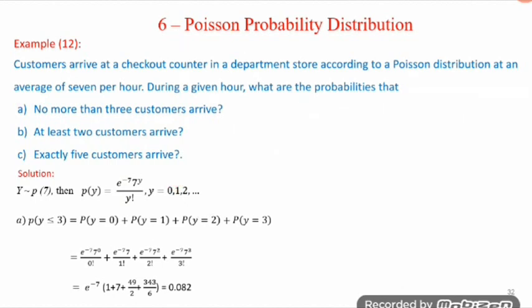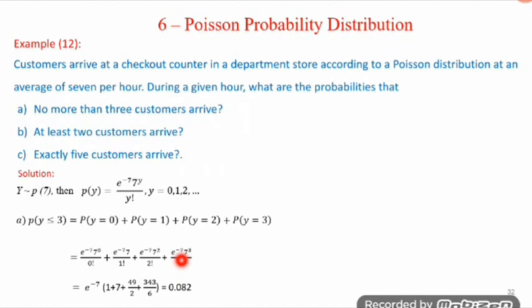Number A will be computed as the probability that Y doesn't exceed 3, which is the probability that Y is less than or equal to 3, which is the summation of all possible values that Y may take from 0 up to 3, which is the probability that Y equals 0 plus the probability that Y equals 1 plus the probability that Y equals 2 and plus Y equals 3. And each of those will be computed by substituting in the formula of the probability mass function the corresponding value of Y, like this, and at the end we will get this probability as 0.082.